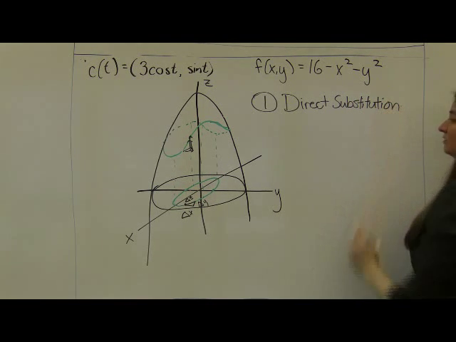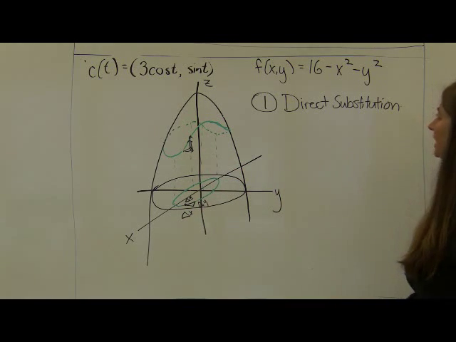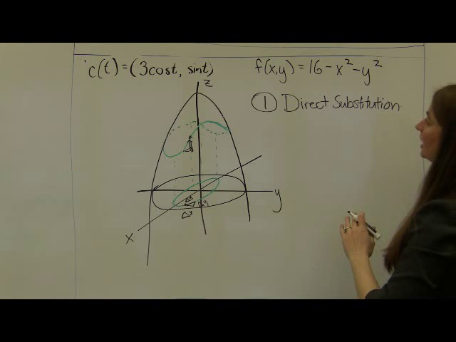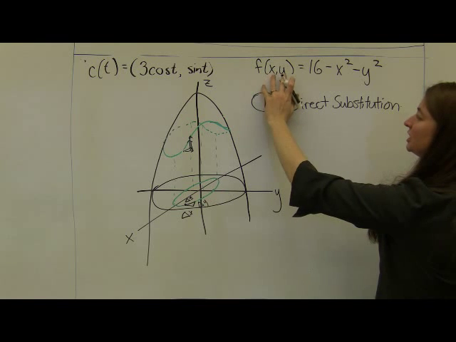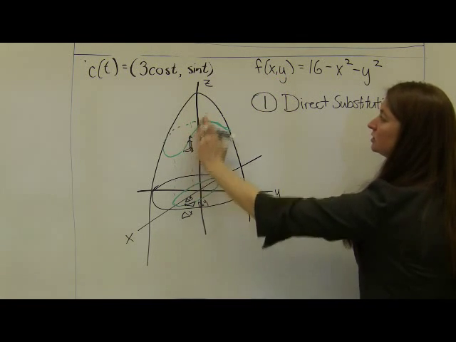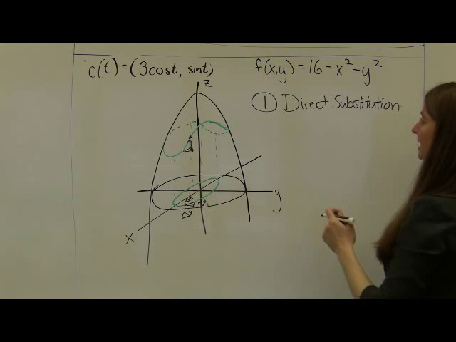Now that I have an idea of what my picture looks like, and I have an idea of what these changes are going to do to impact my change in elevation, by direct substitution I'm saying I want to know what is my change in height, meaning what is my change in this z value of my function? How am I moving along the surface of this function as time changes, as I move along this path?